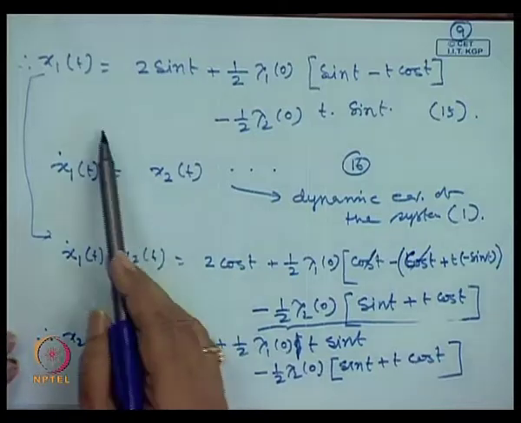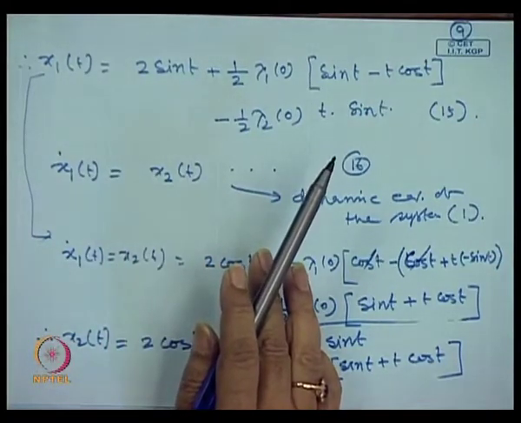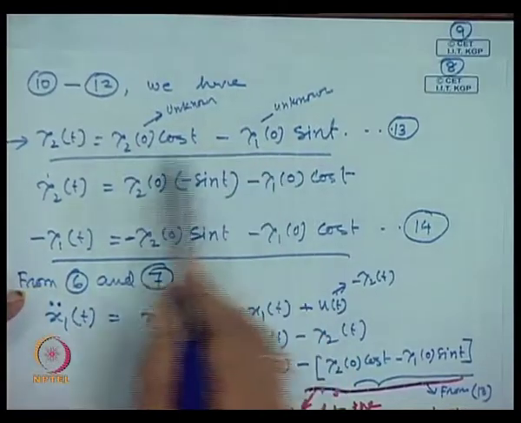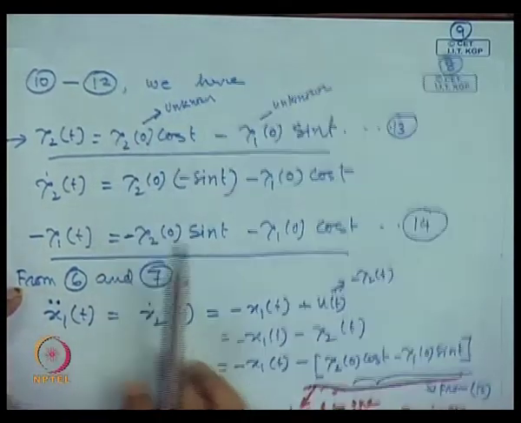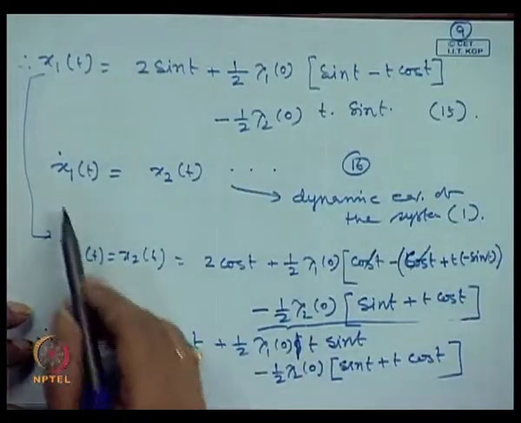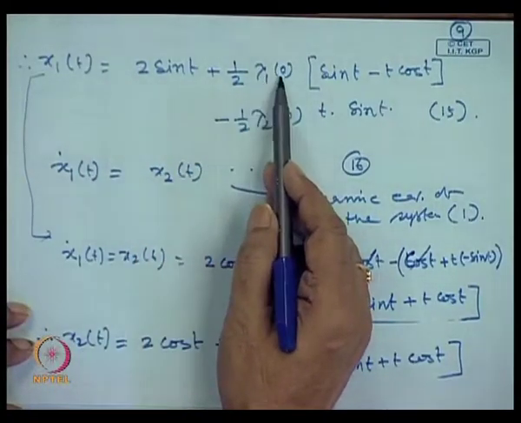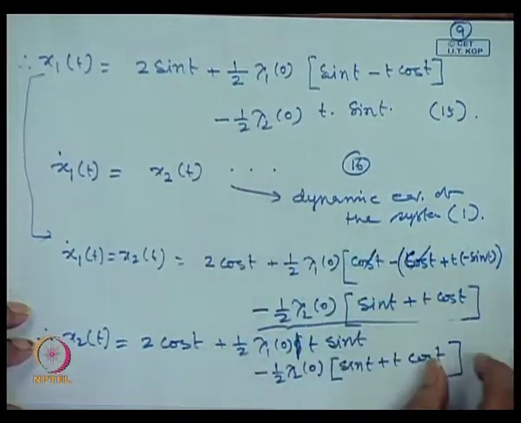Now, u of t from the condition we got is minus lambda 2 of t, and lambda 2 of t is a function of lambda 1 of 0 and lambda 2 of 0. Once I know lambda 1 of 0 and lambda 2 of 0, then lambda 2 of t is known. Here also x1 of t needs the information of lambda 1 of 0 and lambda 2 of 0.